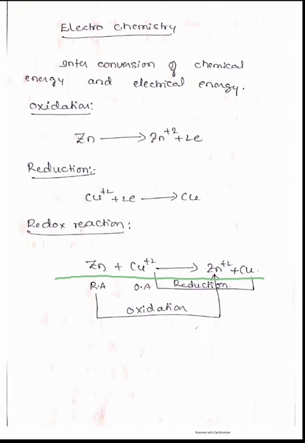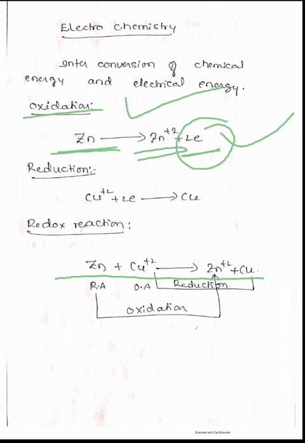oxidation and reduction reactions occur simultaneously, that we know. How does this chemical reaction take place completely? How does the oxidation reaction occur completely? So this substance, zinc, by the loss of 2 electrons, gives Zn2+ ion. So for this oxidation reaction to take place completely, one of the substances involved should accept the electrons which are released from the zinc.